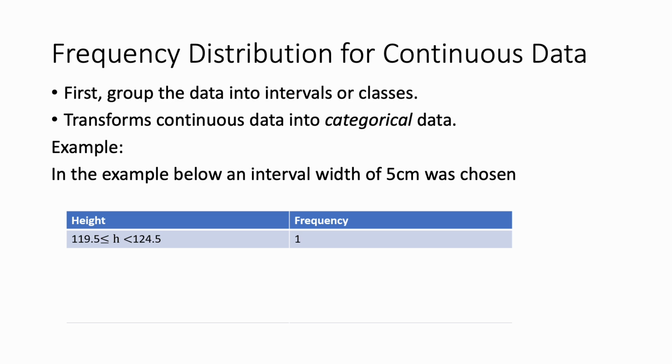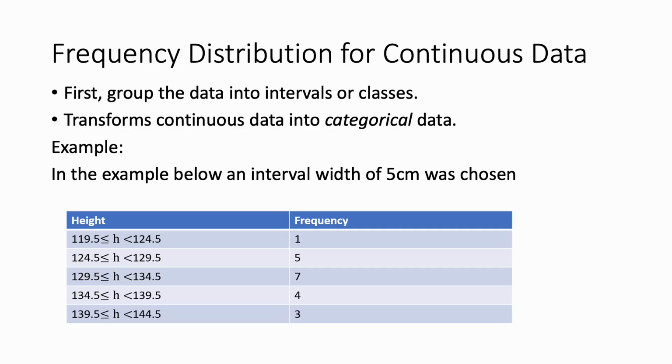But the first group ends below 124.5 because 124.5 rounds off to 125, which is the beginning of the next category. So the next group, accordingly, begins at 124.5 and goes on for another 5 centimeters. Similarly, the remaining groups are made of intervals of 5 centimeters.